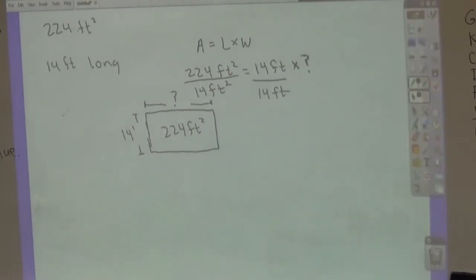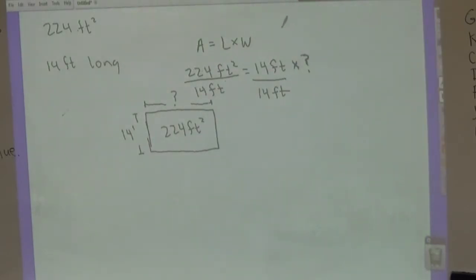Not squared, sorry, by 14 feet. So what's our division problem? Our division problem is written like this. 224 feet squared divided by 14 feet. And what that's going to equal then is the width, or what we have written here as the question mark.